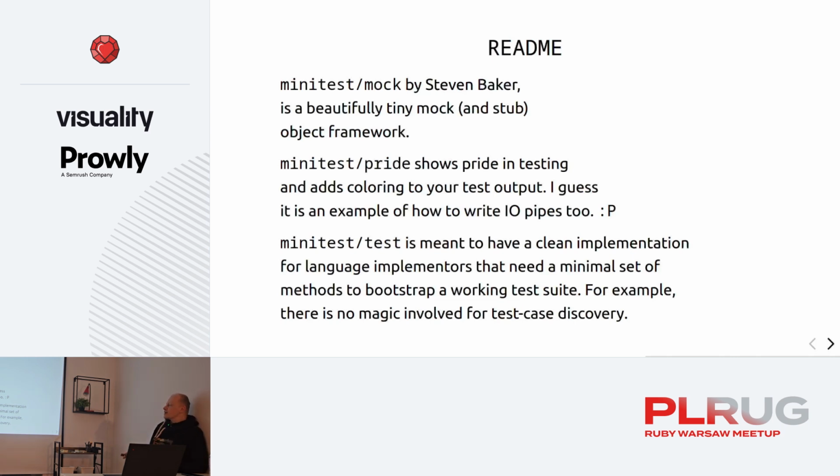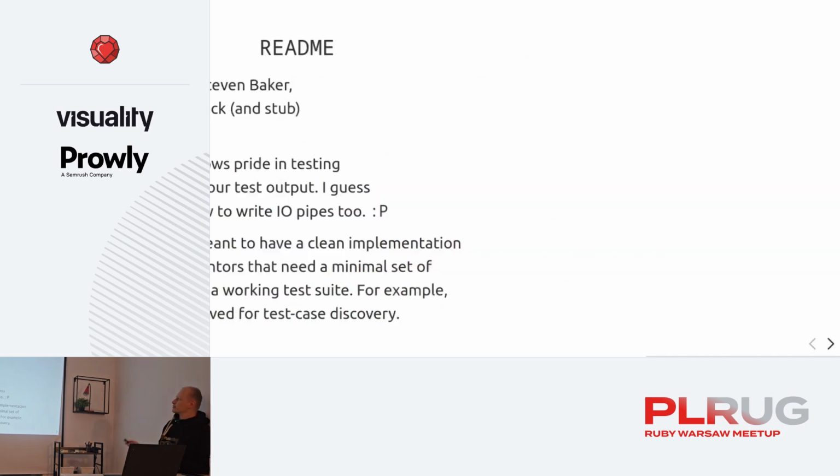So it's a very simple, no magic involved test case discovery. And the way Minitest spec works, it actually turns those describe and it blocks into a set of classes and methods that are defined from the strings that you pass to the describe and it methods themselves.